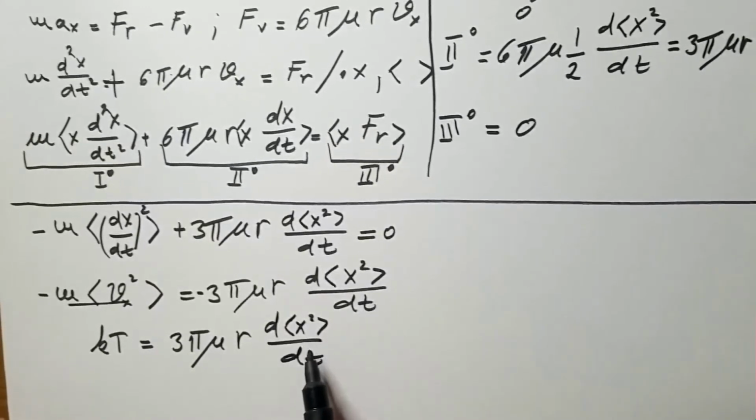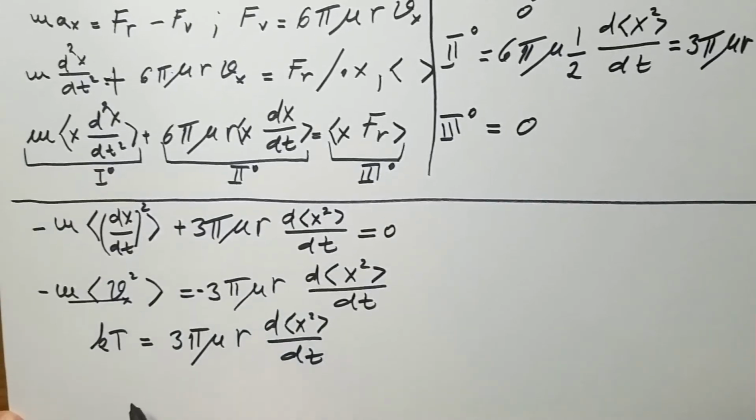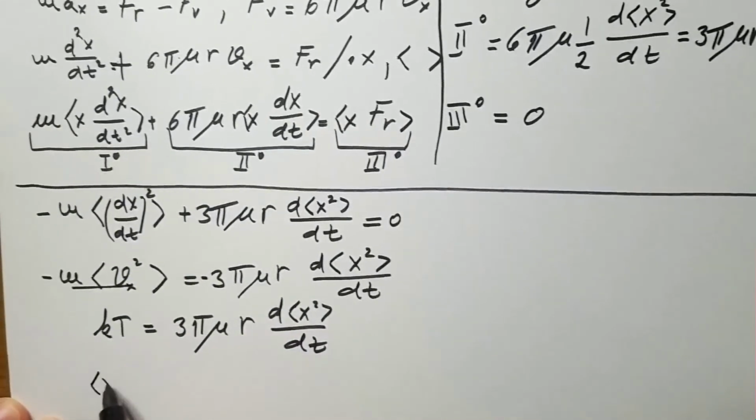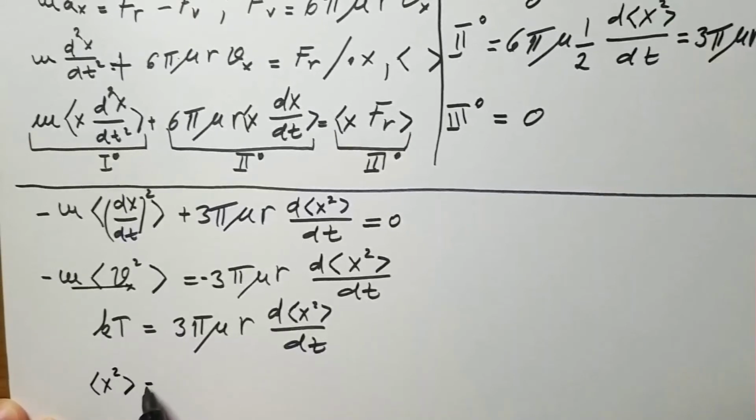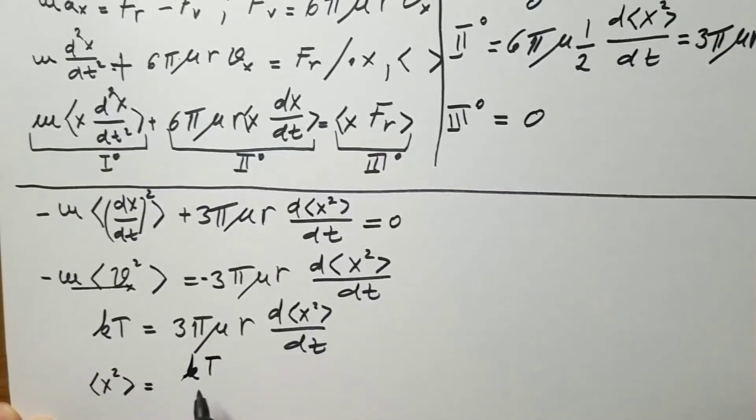And now this is a differential equation that separates variables. Everybody should know how to solve that. So my solution will be that mean square displacement is equal to kT over 3 pi mu r times t.